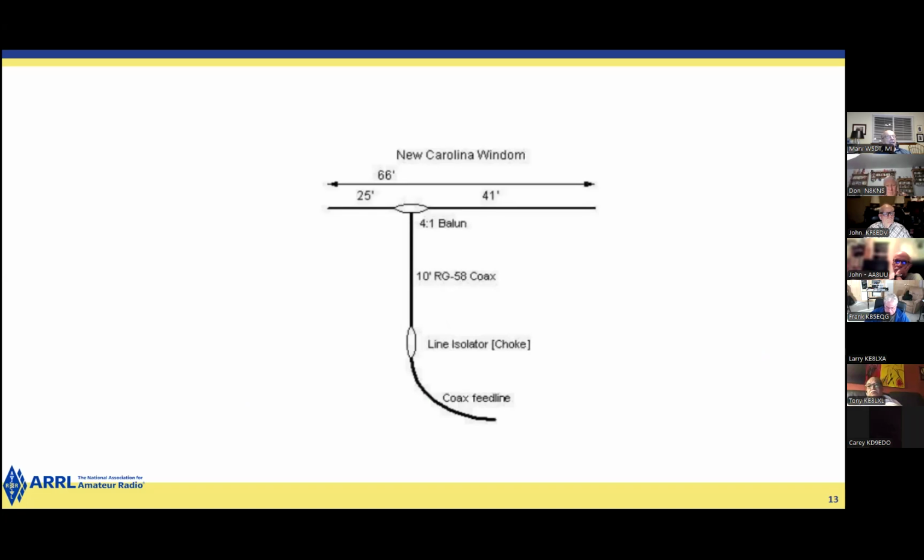I have an offset one called a New Carolina Windom, which is still a dipole, but it's 6 feet long. This element here of 10 feet of RG-8/58 coax radiates, and it works very well.